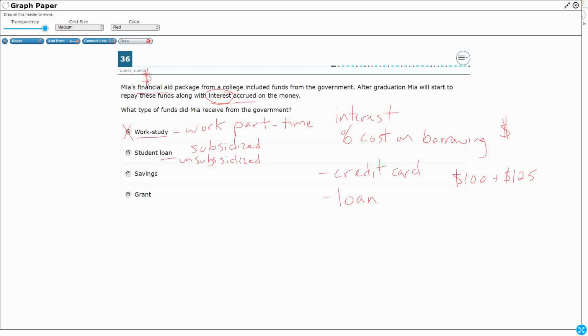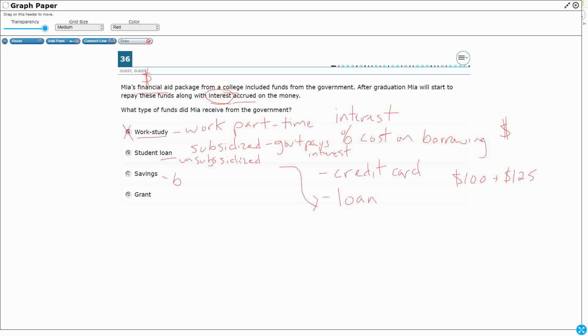Subsidized means the government pays the interest while you're in college. So you might have an interest rate of 4% or something, but if it's subsidized, the government's going to pay that interest, and it doesn't grow while you're in college. The second you get out of college, then you have to start paying the interest. Unsubsidized means you have to start paying that interest from day one, even while you're still in college, right? But those are both going to be loans, which means that's looking like it might be our answer.